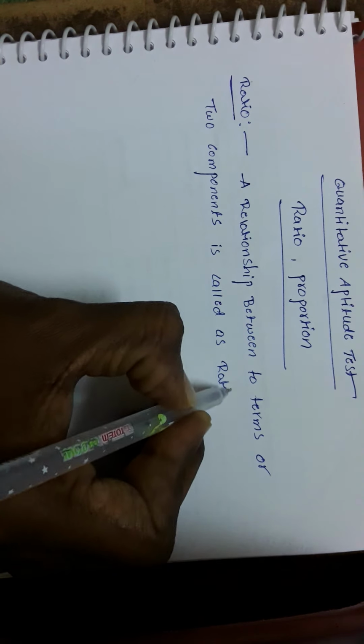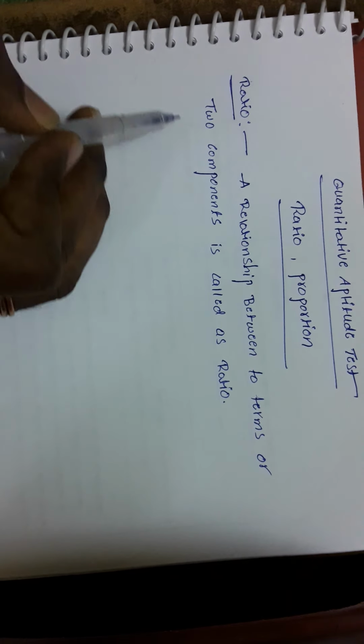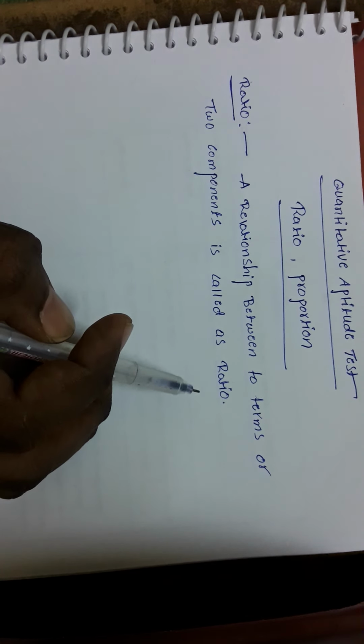This is the definition of a ratio. A relationship between two terms or two components is called a ratio.